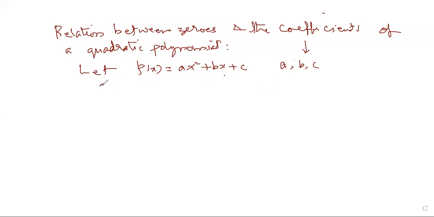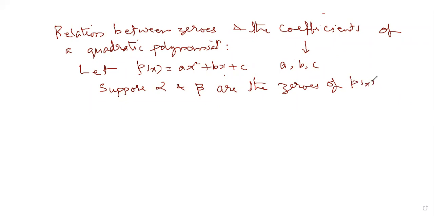Suppose alpha and beta are the zeros of p(x). We generally denote zeros by alpha and beta. It means when we put alpha, it will give the value 0, and beta also.